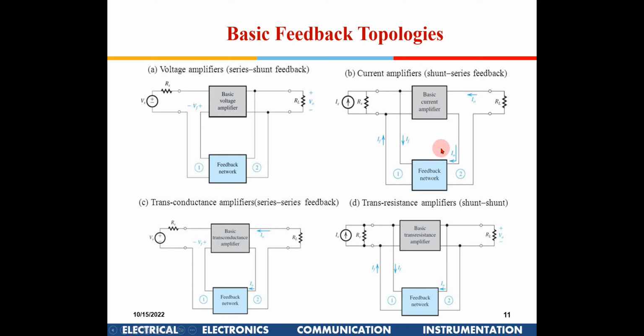Here current is sensed and current is given as feedback. Here again voltage is sensed, but current is given as feedback, so the feedback network has to give a feedback current proportional to the output voltage. So these feedback networks will be different for each of these topologies.